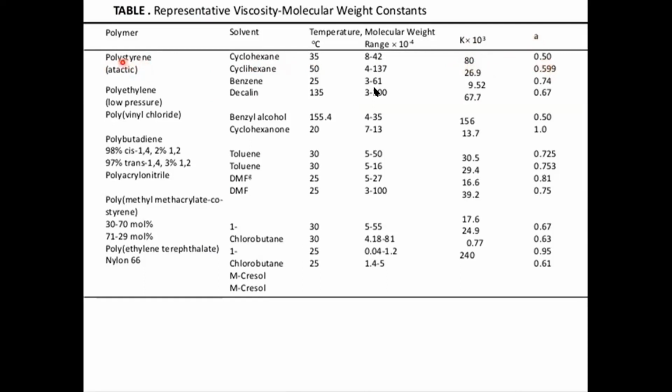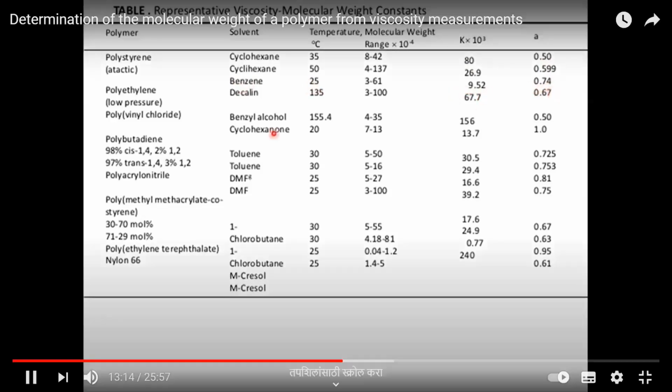And if I also use polystyrene, but I change the solvent to benzene at 25 degrees centigrade, the value of K will change and the value of a will change.